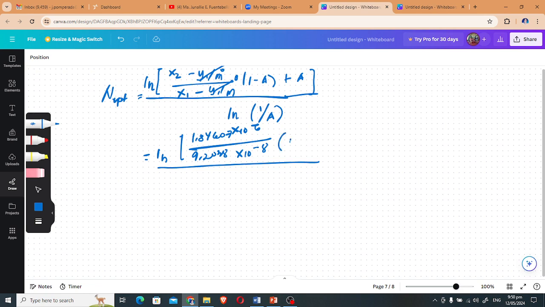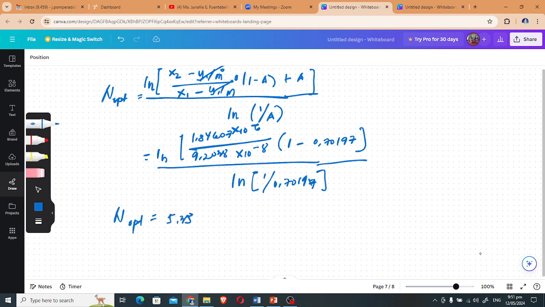And then we multiply it with 1 minus the 0.70197 for the gas absorption factor geometric mean. And here in the denominator, you have ln of 1 divided by 0.70197. So your N optimum in this case is 5.3593 stages.